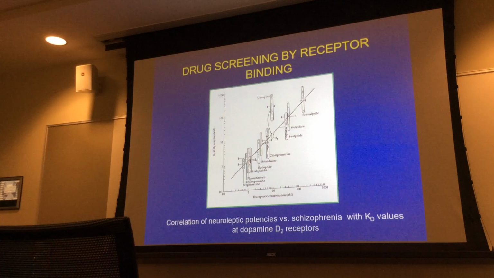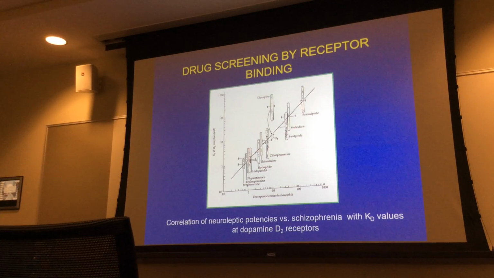You also, by the way, parenthetically, have a series of compounds known as the atypical neuroleptics like clozapine that don't bind to the D2 receptor, so they fall off of this line. But if you're a drug company and you want to design new neuroleptics that are acting on dopamine D2 receptors, you use the D2 radioligand binding assay as your initial screen.